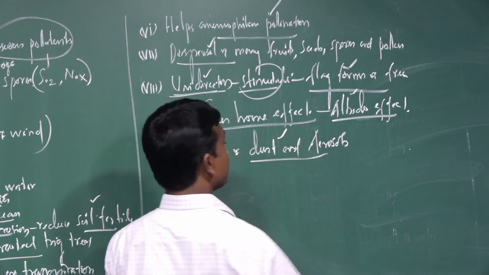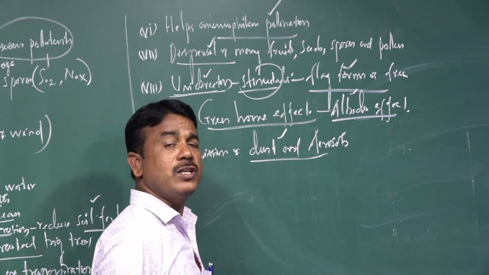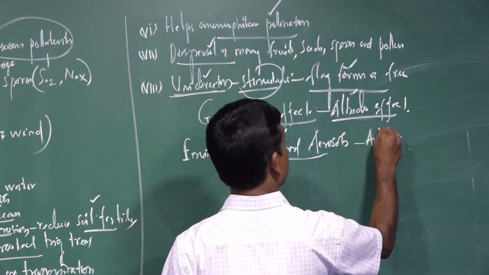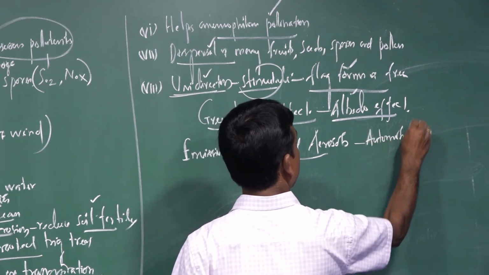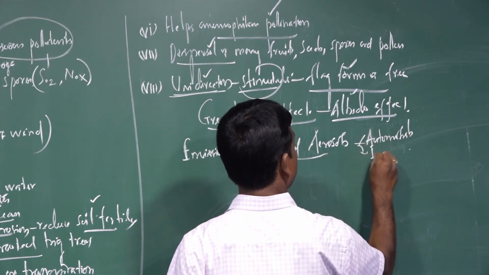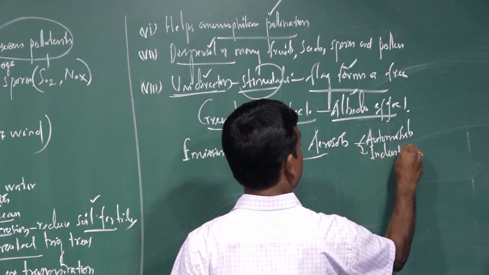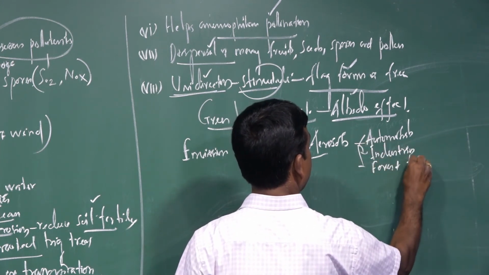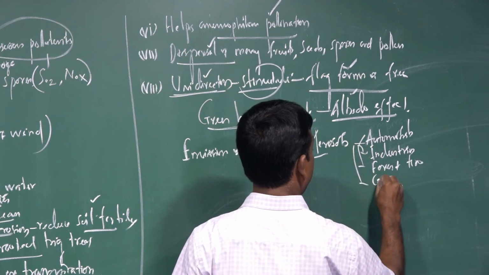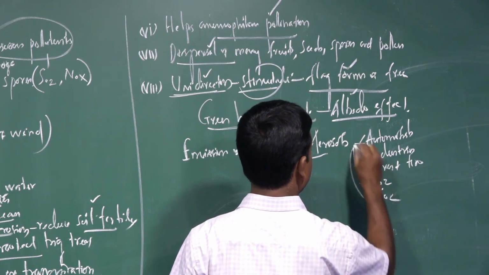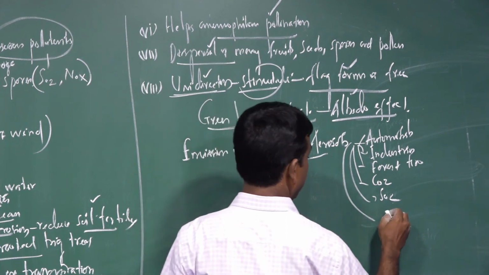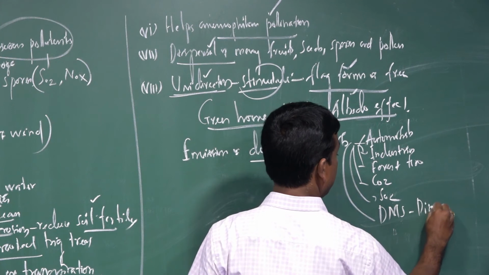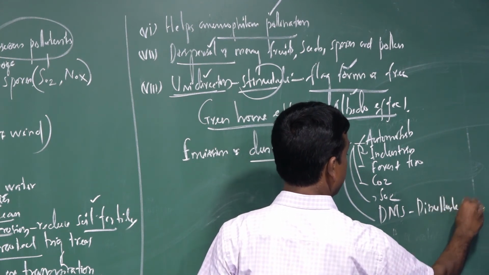So where are the dust and aerosols released into the environment from? From automobiles, or from industries, or from forest fire, or carbon dioxide, sulfur dioxide, then DMS, that's called dimethyl sulfur.